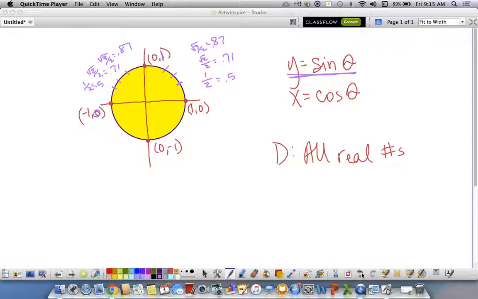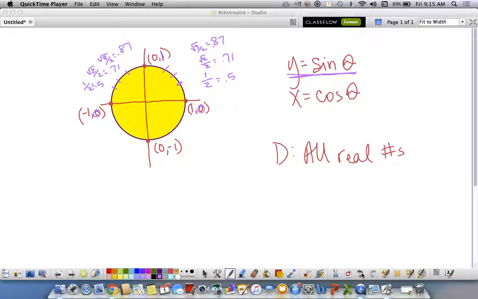Okay, so the Y value starts where? At 0. It goes up to 0.5, 0.7, 0.87. If we plugged in other numbers in between there, if we plugged in sine 75 degrees, we don't have exact values. We can plug in all the decimals, right? All the other thetas, not just the exact ones that we know.